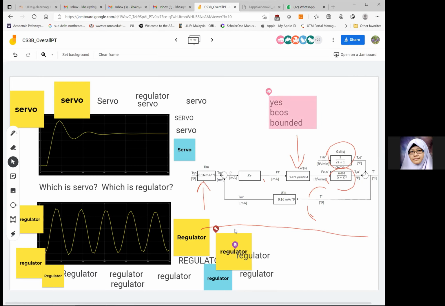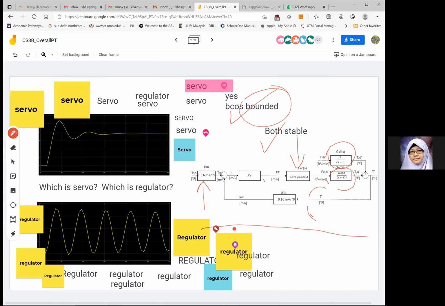You can unmute your mic if you want. Is it both stable? Yes, because both are bounded. Okay, very good answer. So both are stable because they are bounded, and that's very important.